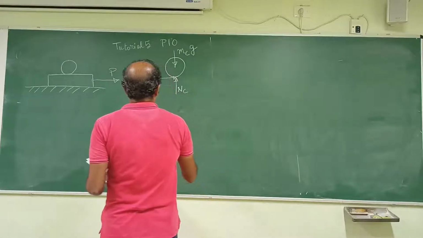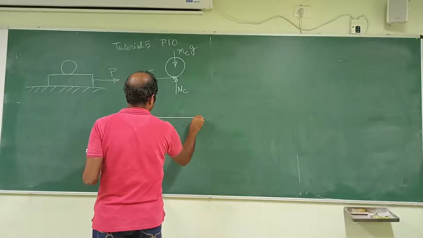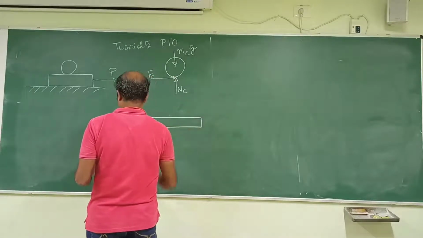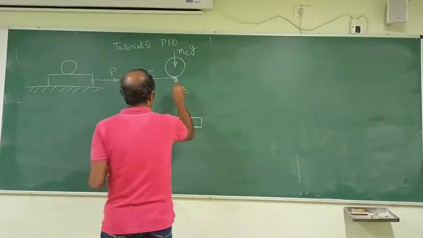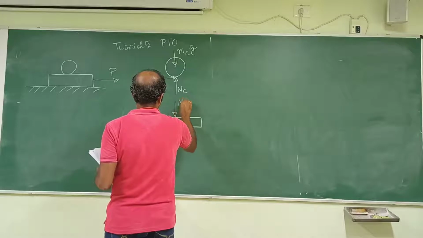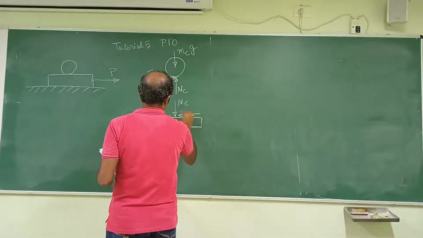Okay. Now in a similar way, I can draw for the paper. For the paper, the same N_C is going to act. The same F_C is going to act.